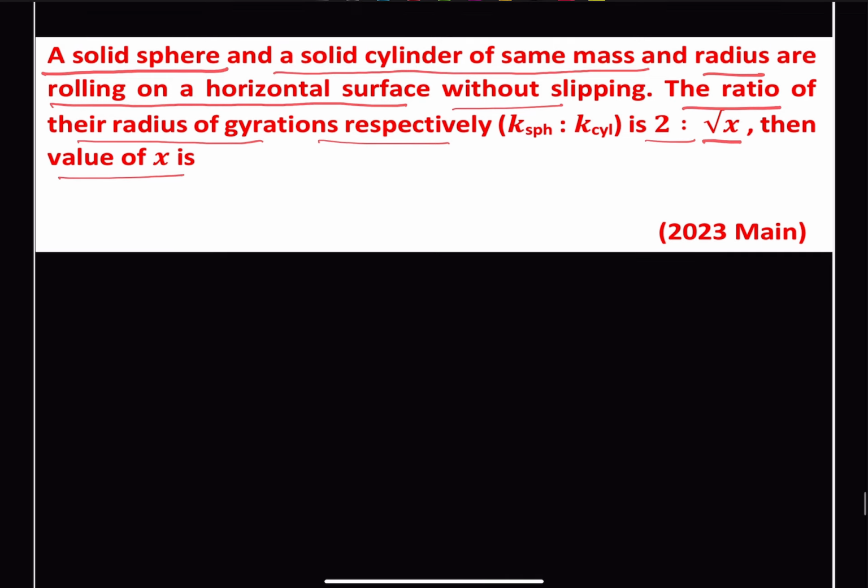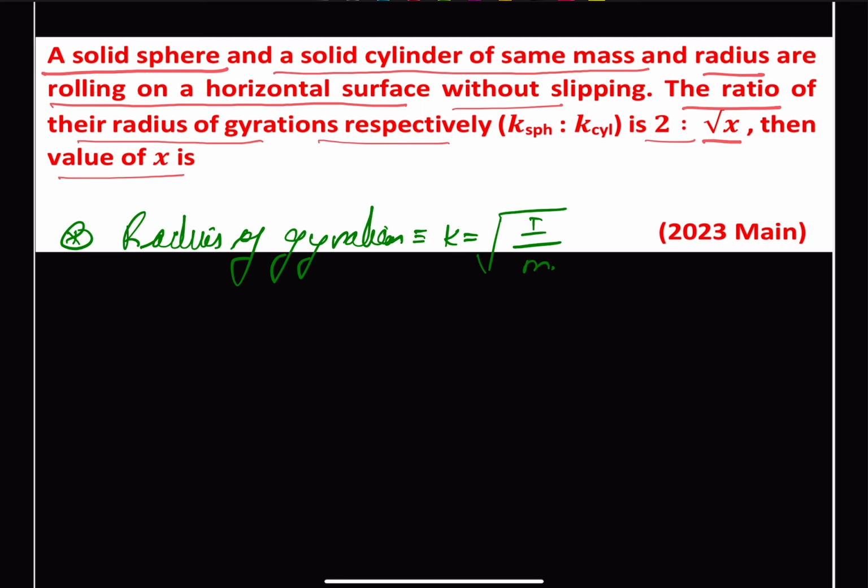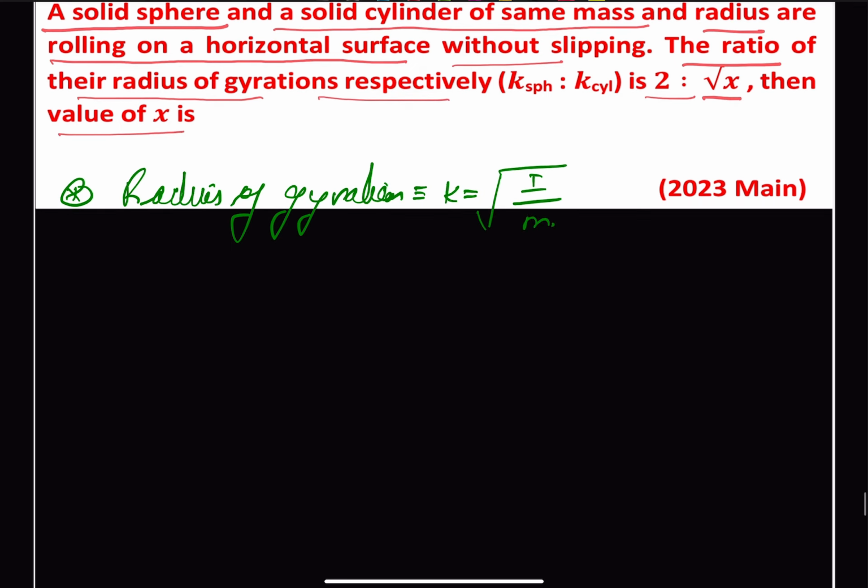We know the standard formula for radius of gyration, which is k, given as the square root of moment of inertia divided by mass m. And we have two different objects, so the moment of inertia will be different.